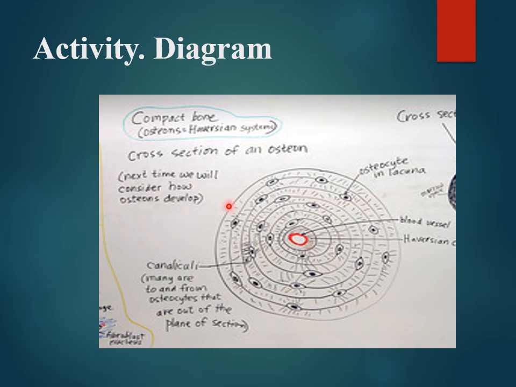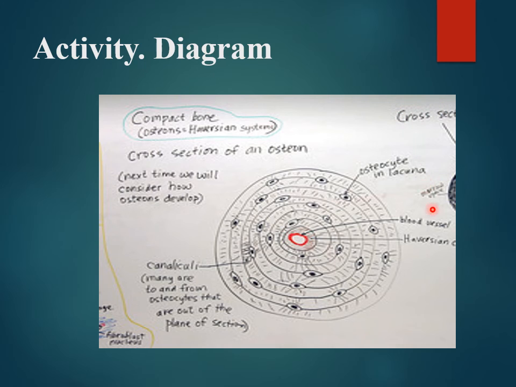You'll be expected to draw this diagram. Here is the Haversian canal, so you have to label the Haversian canal. That other part is not there. So I will note those who were there for the lesson. You write the word canal here, and then you label that part lamellae. You take one line here, you link the other line, and you label it lamellae. Then you exclude this part.